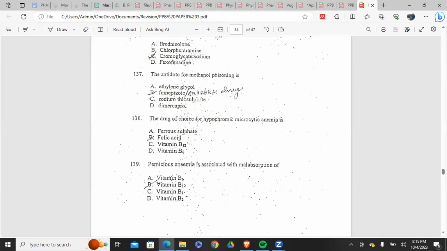And what is ferrous sulfate for? These different types of anemia are caused by different deficiencies. This is what we are given with iron. Microcytic anemia.